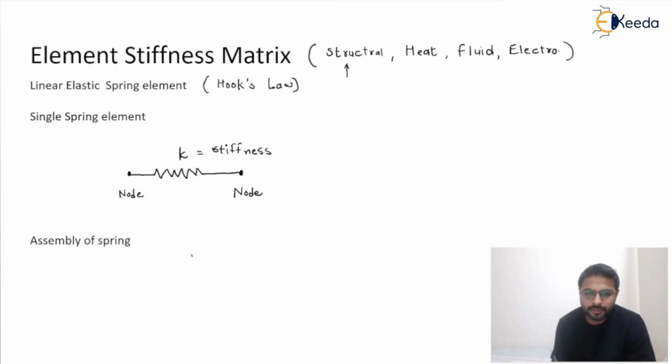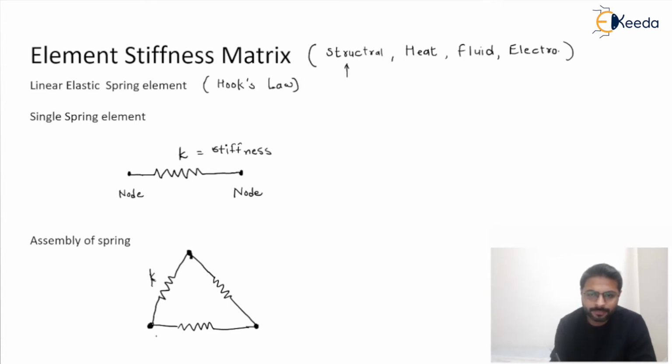We could have a combination or assembly of springs like this. So instead of a single element, we have different elements, and the property will be different.